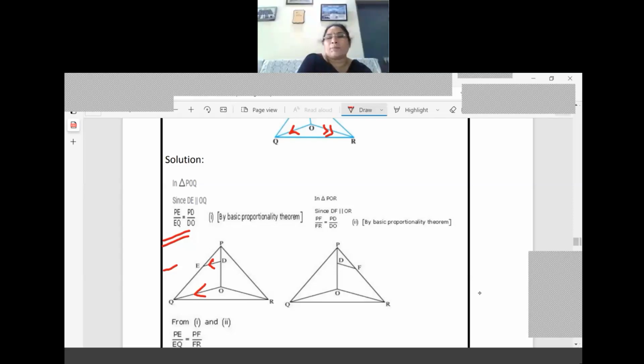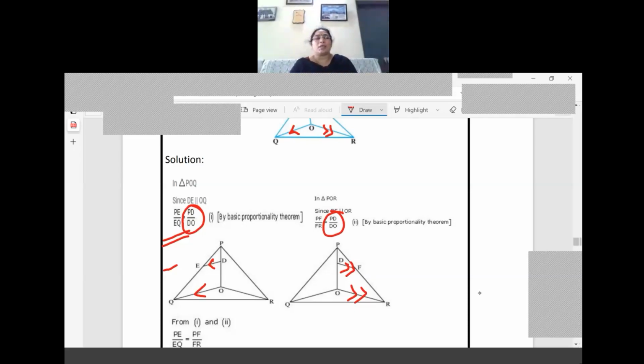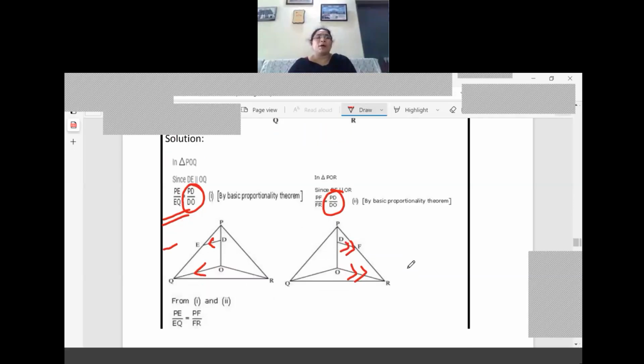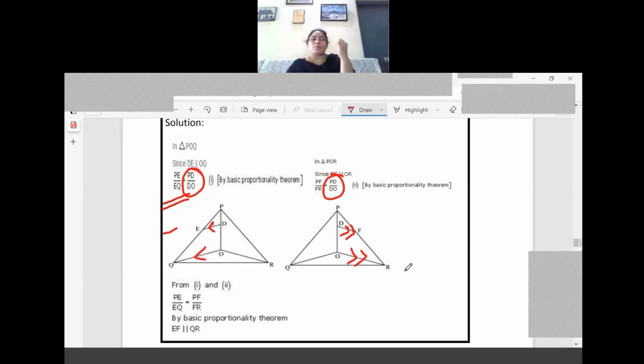And similarly, the second parallel line, on the second side of the triangle, is DF parallel to OR. So we apply PF by FR equal to PD by DO. Both equations have PD by DO in common, so we can equate the left hand sides. What is the answer? PE by EQ equal to PF by FR.